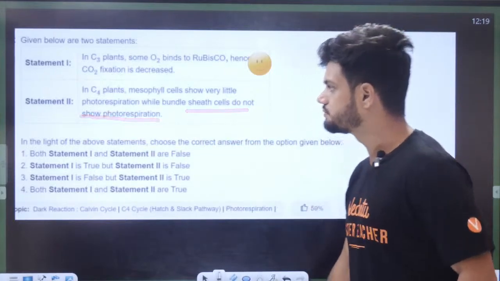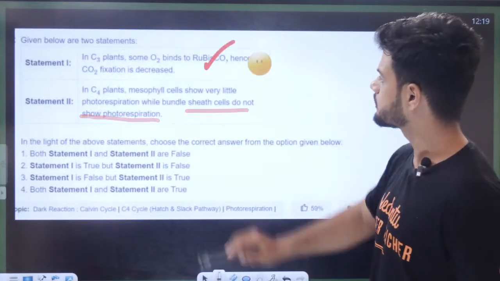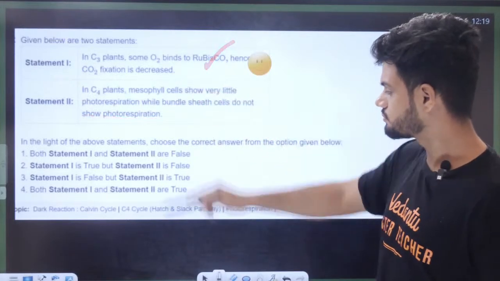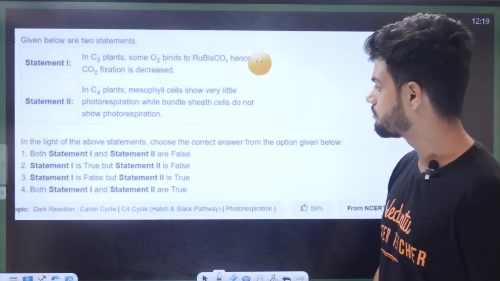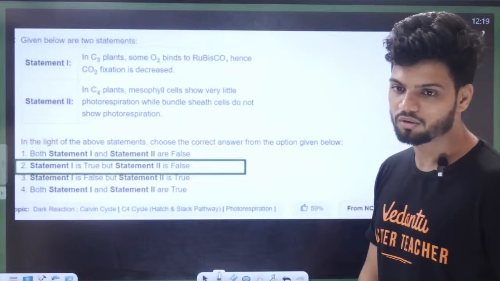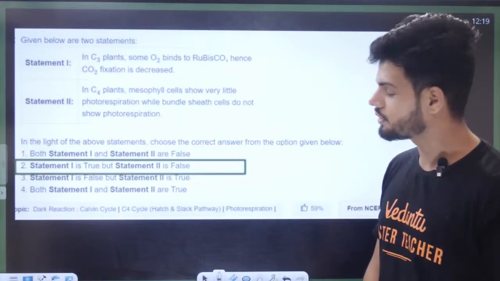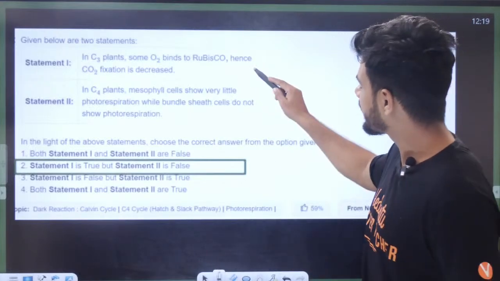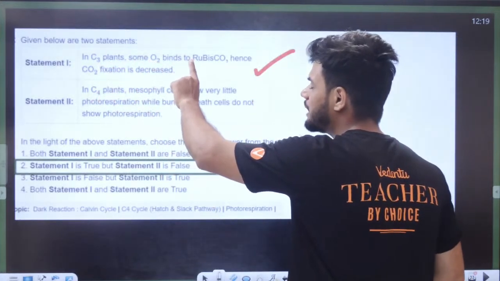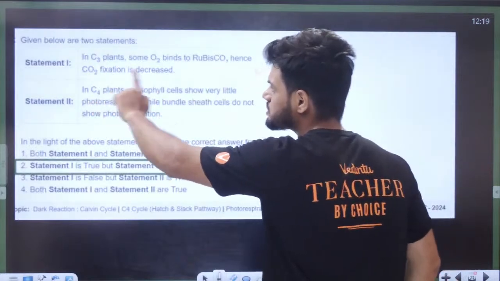What is the answer? See, this is correct. But is the second statement correct? No. Madhumiti, wrong answer. It's not 3, it's 2. Why? It's correct that in C3 plants, O2 is binding with rubisco, hence CO2 fixation is decreased.